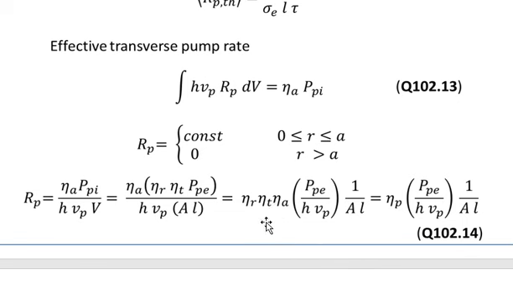So this is the rearrangement of the terms, and then I have replaced eta R multiplied by eta T multiplied by eta A by eta P, the pump efficiency. So here the pump efficiency is the product of these three quantities. These equations have already been derived. That's why the label here is 102.14. It means that in slide number 102, I have addressed this equation.